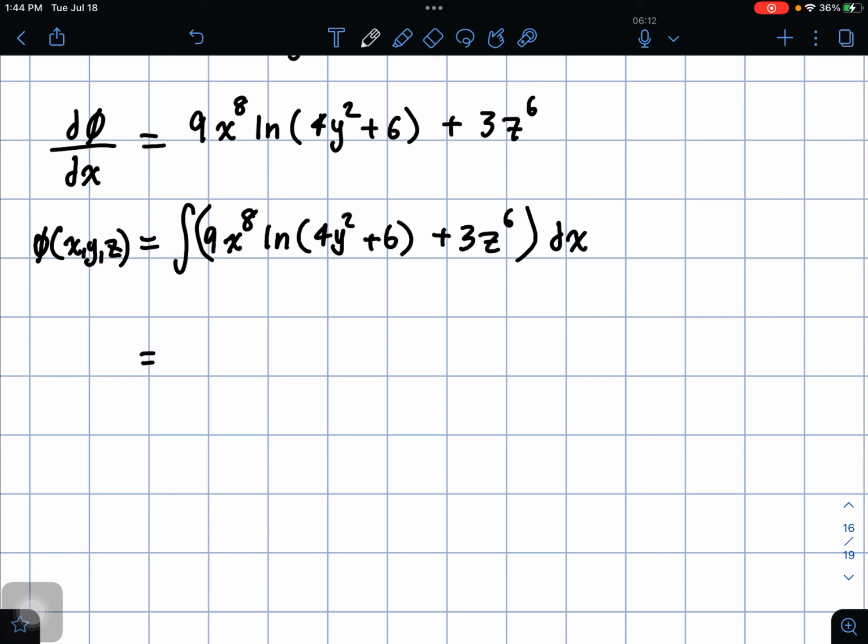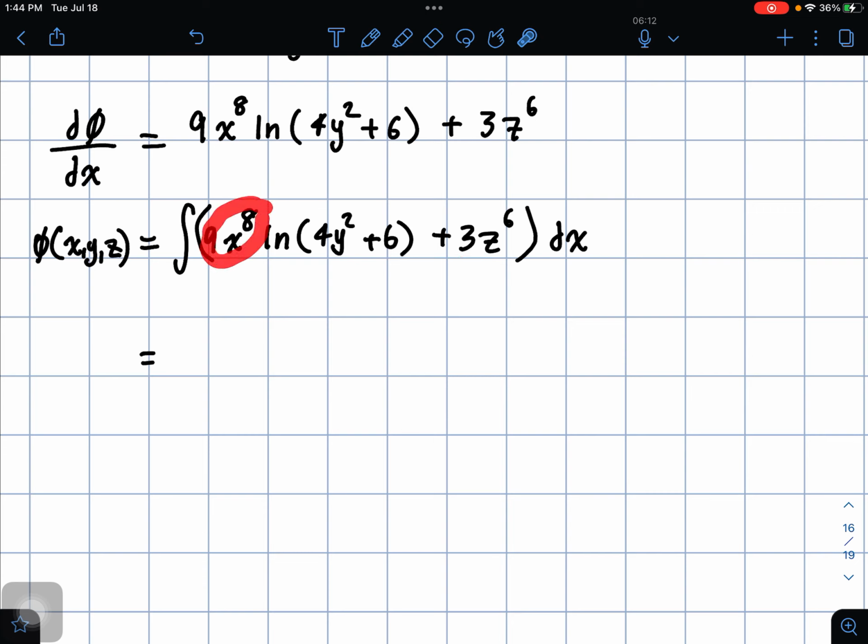Okay, so what is this? Again, we're doing it with respect to x. So this thing right here is a constant, and this is a constant. This thing is the only thing we're worried about.